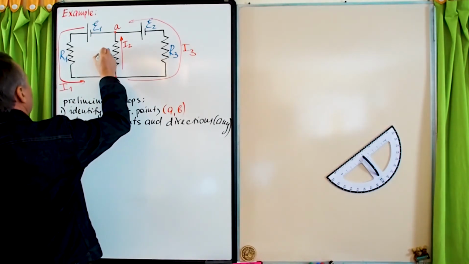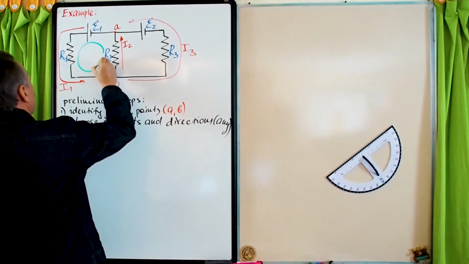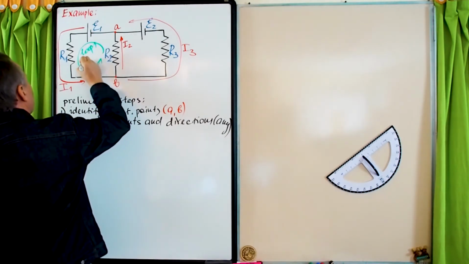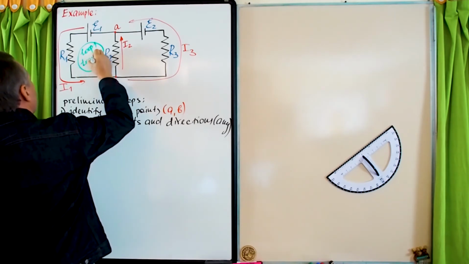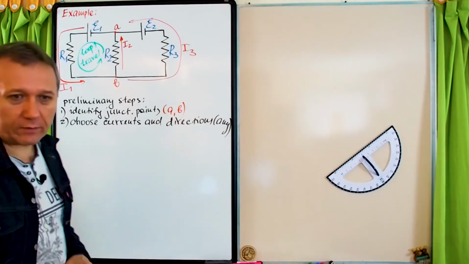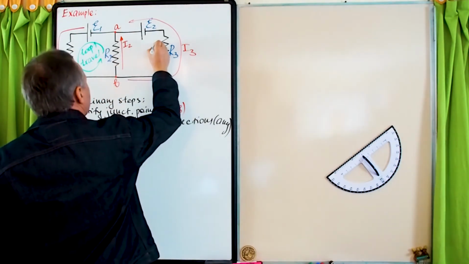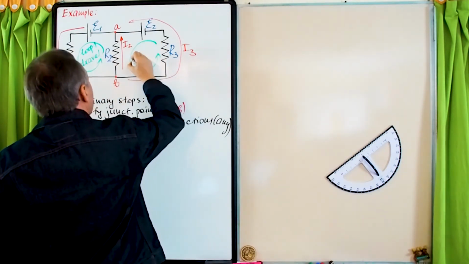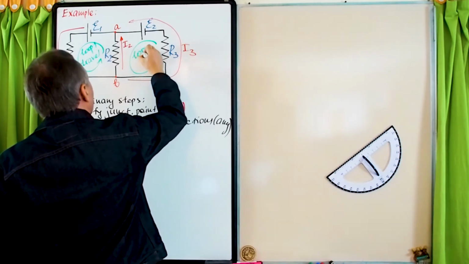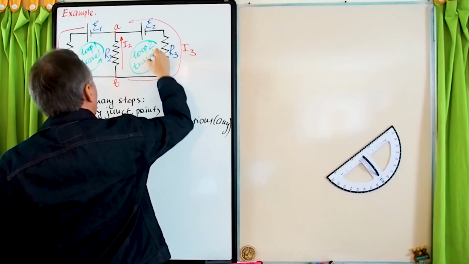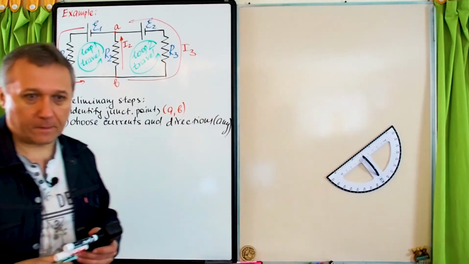So that will be loop 1. That's the travel direction. Loop 1, travel. And let me pick also over here in the loop 2. So this is loop 2, and that's our travel direction, right?